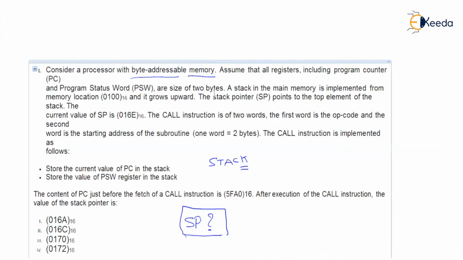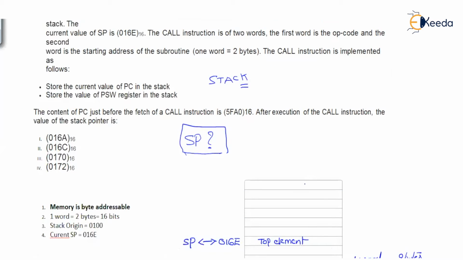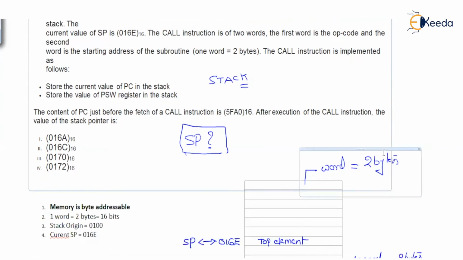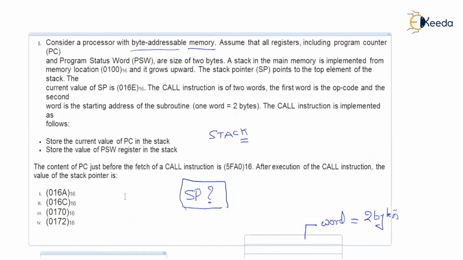If the register size is 2 bytes, one memory word size is also 2 bytes. One word in main memory is equal to 2 bytes, which is equal to 16 bits.